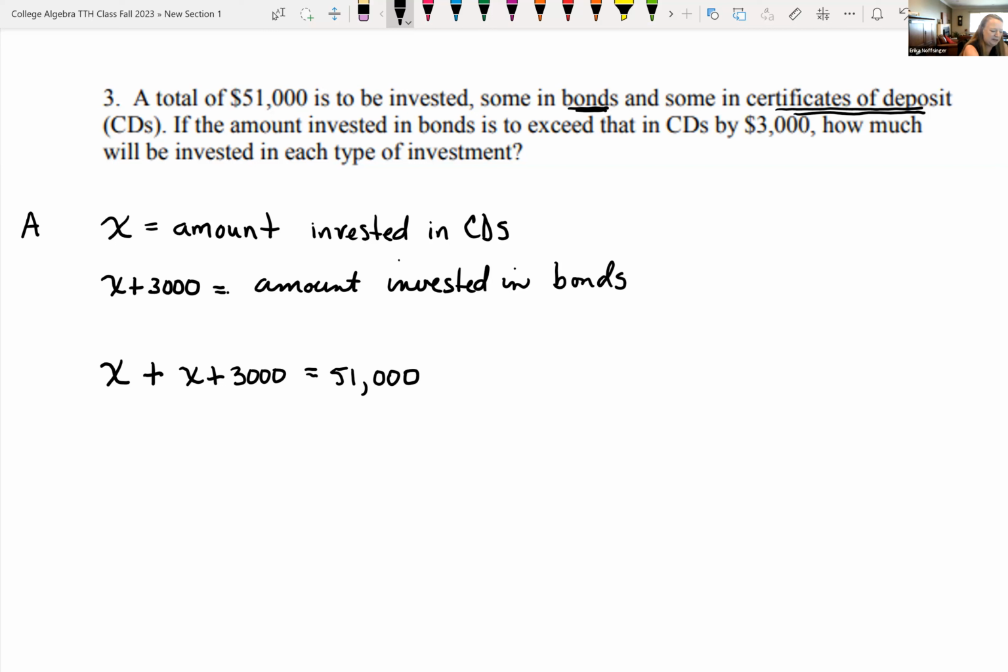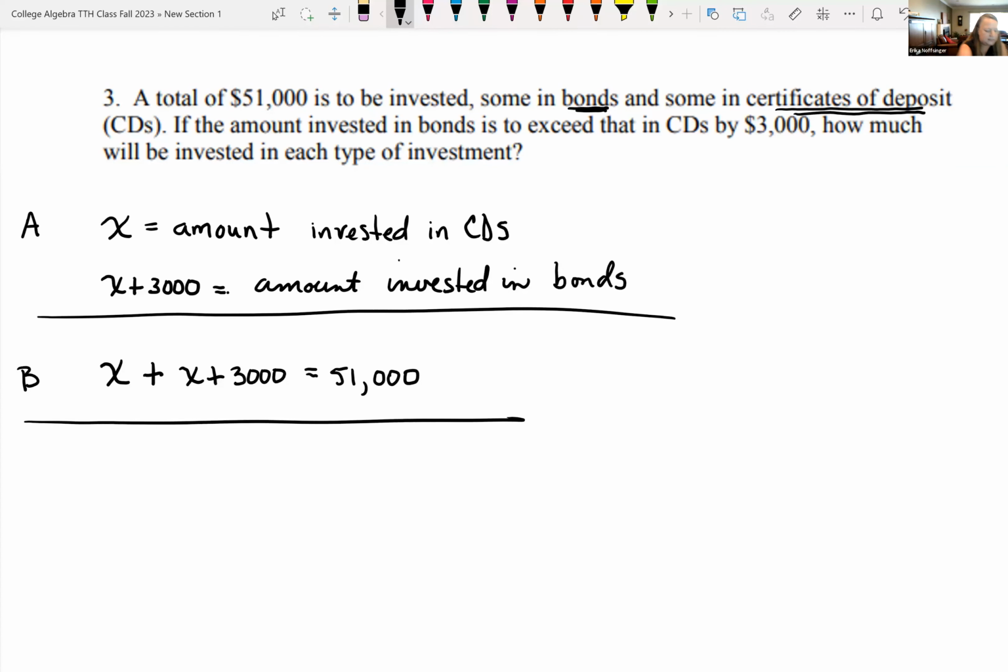I typically write word problems in 3 parts. Part A, define what your variable is and what it represents. Part B, set up your equation or equations. And part C is the solution. Okay, so let's look at part B. We want to solve that equation to get our solution.